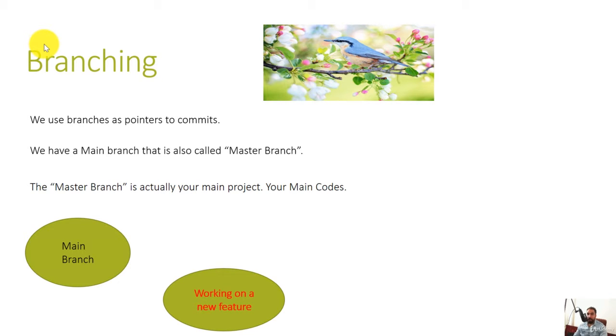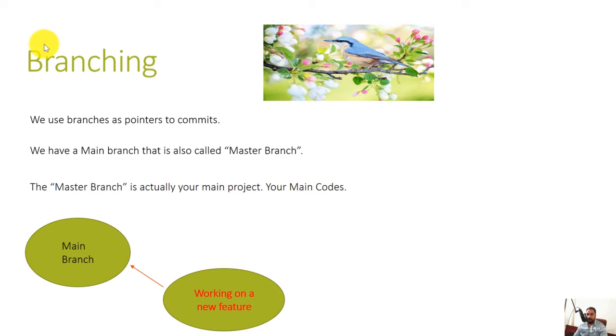In this case, we recommend that you do not mess with the main branch, your main project, because this feature can cause a little bit of problems, or maybe it can cause a bug inside the main project. So first you want to make sure that this feature works perfectly, and then you want to add this new feature to your main branch.